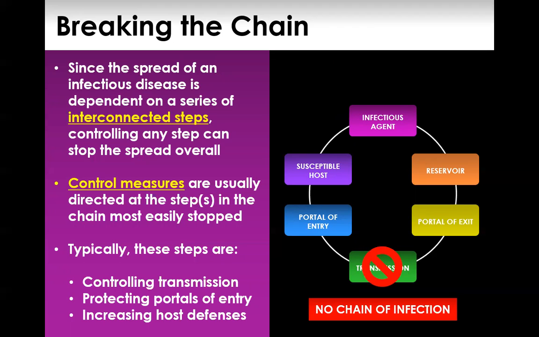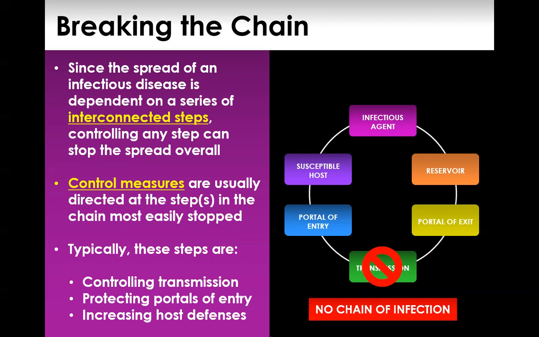So we have control measures. We can control the transmission. We can protect the portals of entry. We know that our mucous membranes are portals of entry, so we shouldn't rub our eyes or put our fingers in our nose, mouth, or ears, because those are all portals of entry.